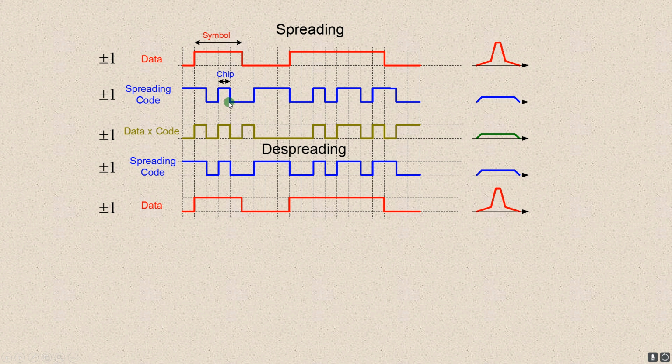This spreading code can be generated in different ways, and then we multiply the data and the code, and we get a message. At the receiver side, we have the spreading code, and then we use it to get the data back. This is the way the WCDMA system works.